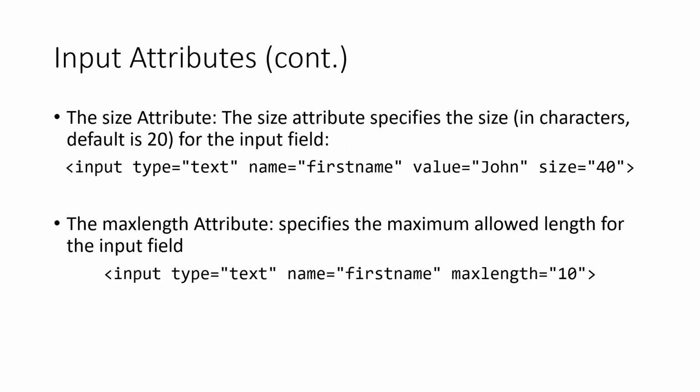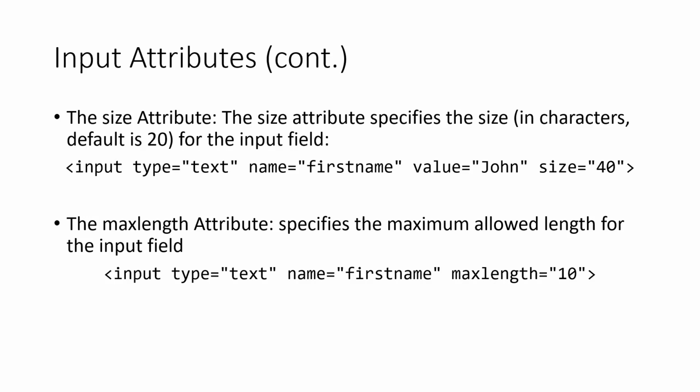Then we can also have size attributes. For example, when you want to type a name, you don't have a very lengthy field for that. So the size attribute matters. In the size attribute, we can say how many characters you are expecting for this particular field.